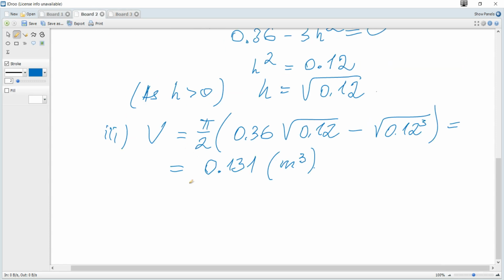And the maximum volume for cylindrical shape is this.